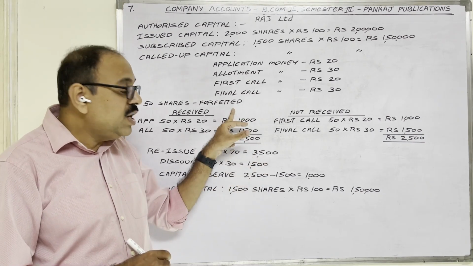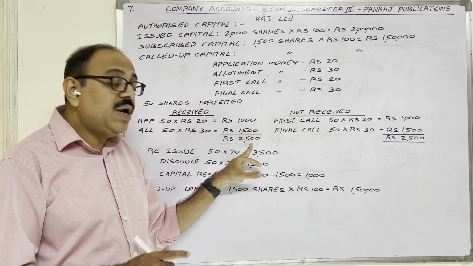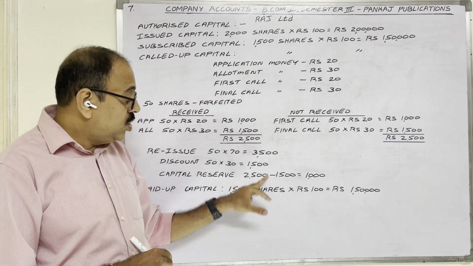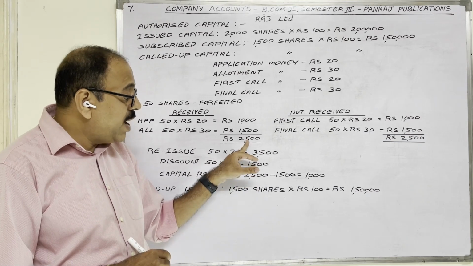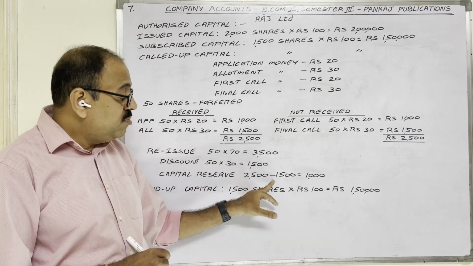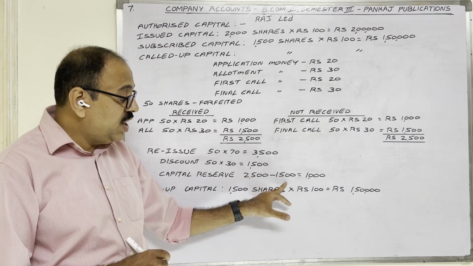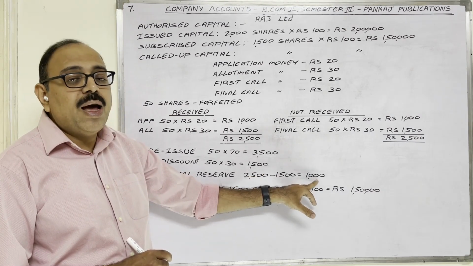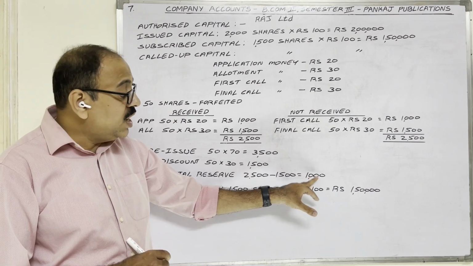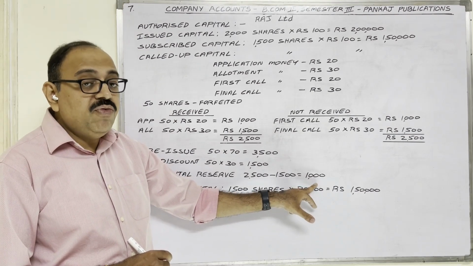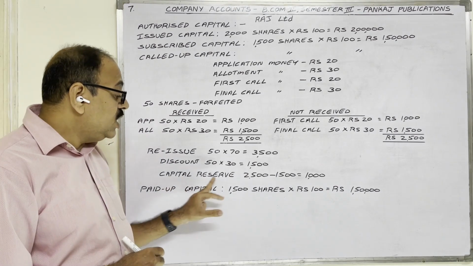So that is a capital gain to the company. That capital gain amount will be utilized to adjust this discount loss. 2500 credit balance in share forfeited account minus discount loss 1500, then the remaining credit balance in share forfeited account is 1000 rupees. Finally that 1000 rupees the company will transfer to capital reserve account.